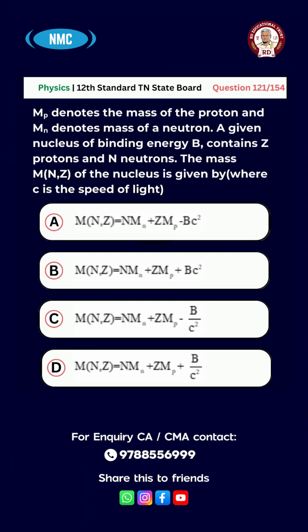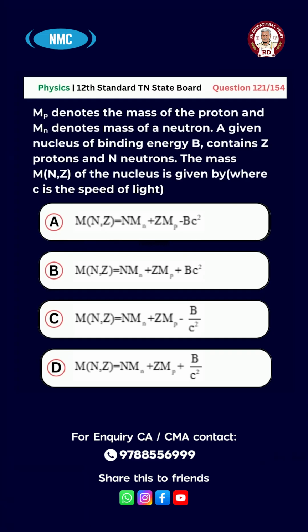The mass M(N, Z) of the nucleus is given by, where c is the speed of light: option A, M(N, Z) equals N Mn plus Z Mp minus Bc square; B, M(N, Z) equals N Mn plus Z Mp plus Bc square; option C, M(N, Z) equals N Mn plus Z Mp minus B by c square; D, M(N, Z) equals N Mn plus Z Mp plus B by c square.